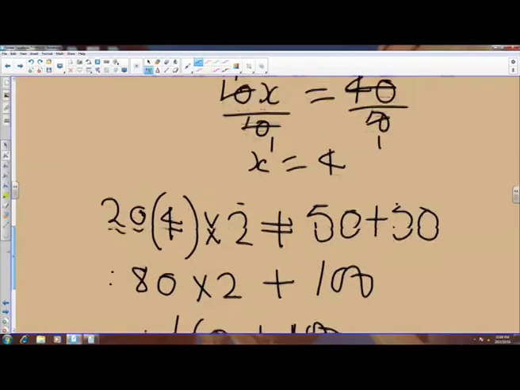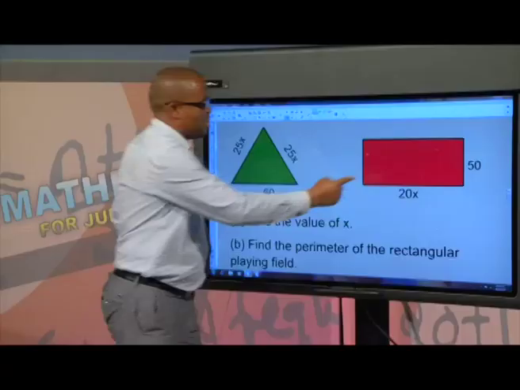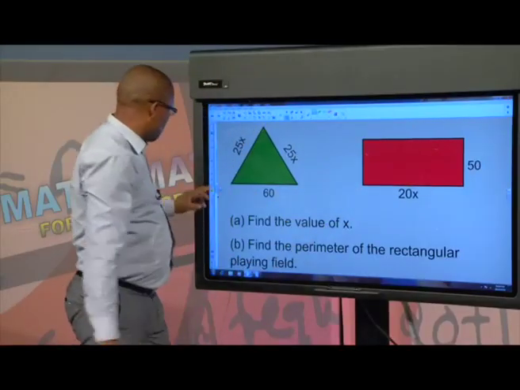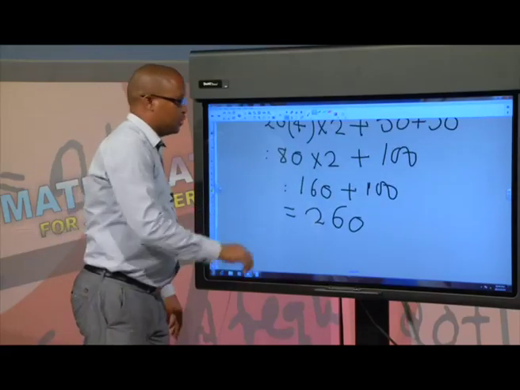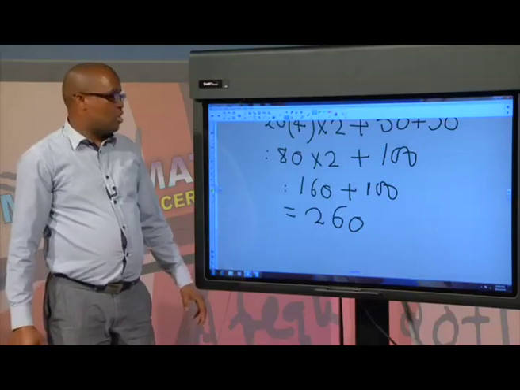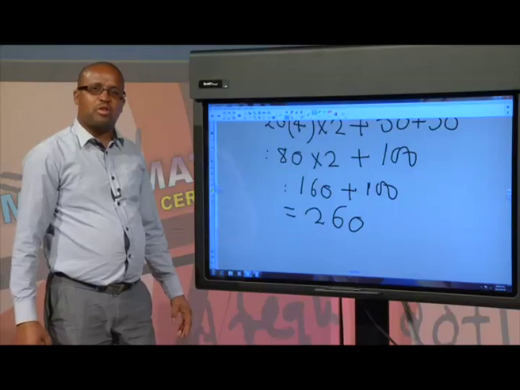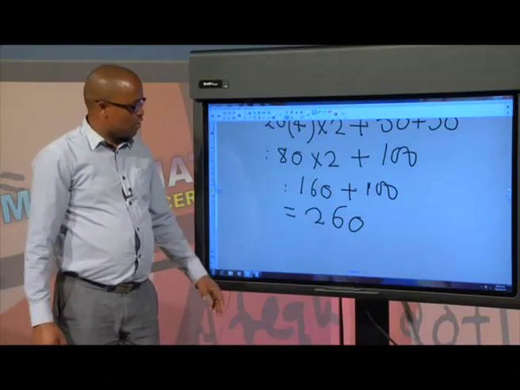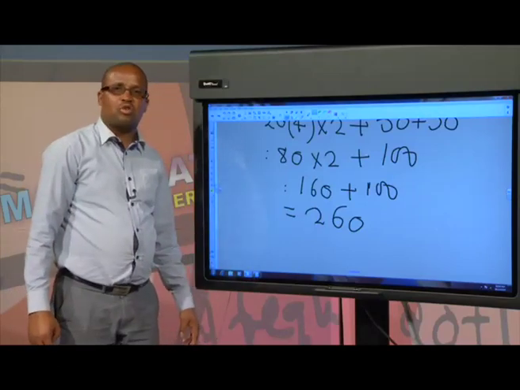So this simply says the perimeter of the rectangular playing field, the perimeter of this shape, is 260, as we have seen it. I think what I've done here, I've answered your question where we were forming equations in real life situations and then solving that equation. This is how equations in real life situations are solved.